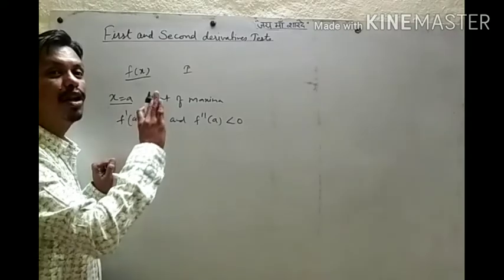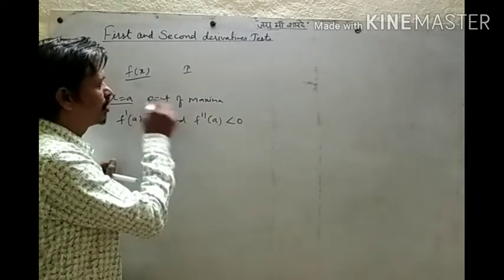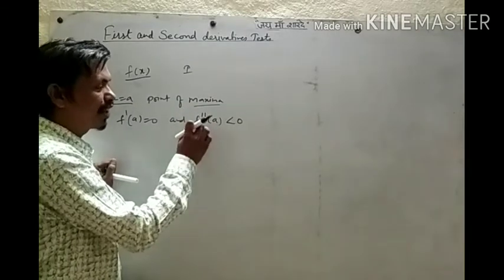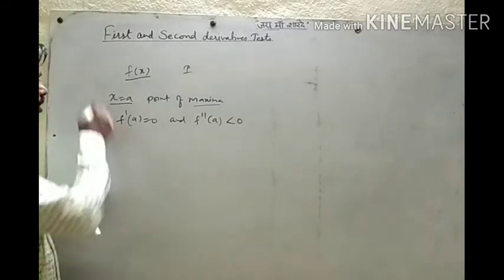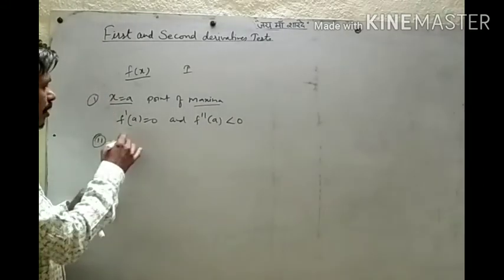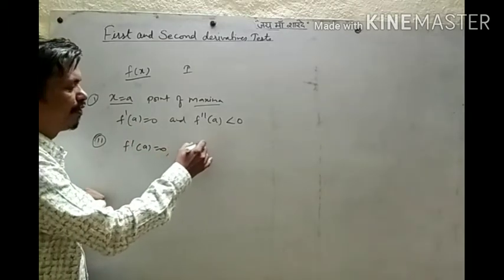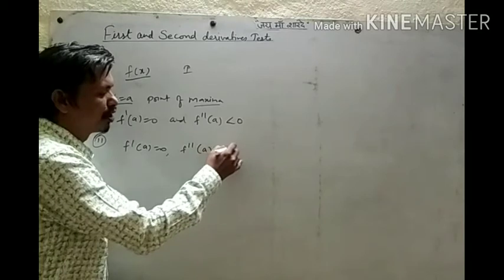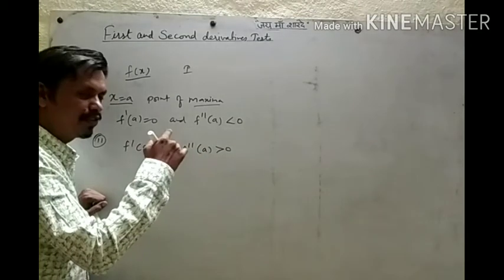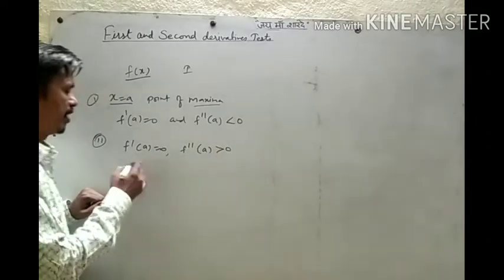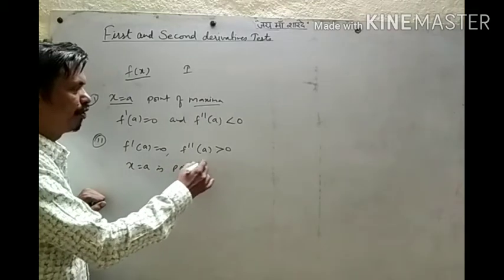So this test is also, we can say, an opposite test. We get a maximum value of the function if the value of the second derivative at x equal to a is less than 0. And if f dash of a is 0 and f double dash of a is more than 0, meaning the first derivative is 0 at a and the value of the second derivative at a is more than 0, then x equal to a is called a point of minima.